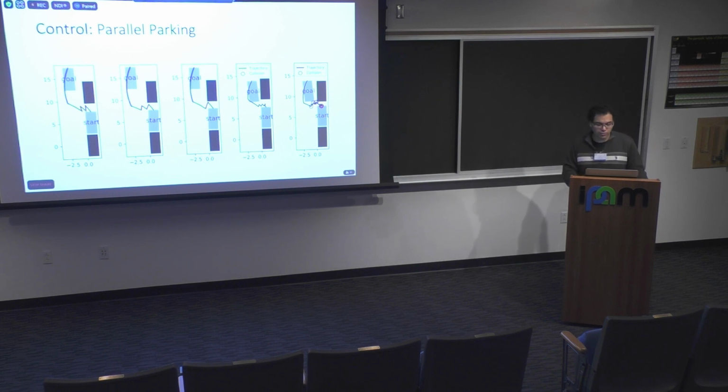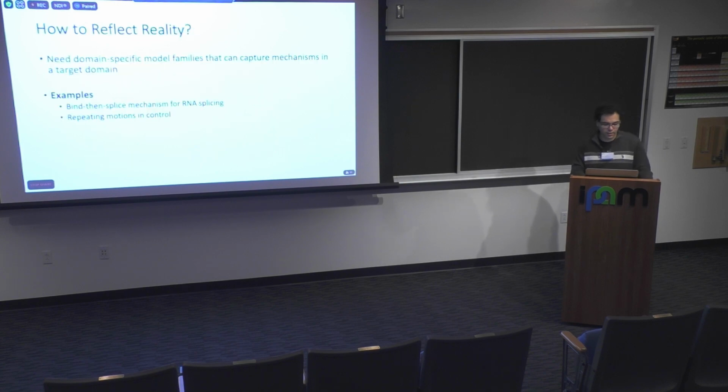And again, I think this motivates the question: can we design a policy family that we can learn where the policies come from some class that captures this back and forth repeating motion? So really, I think this repeating motion is characteristic of many control tasks that you see in practice.